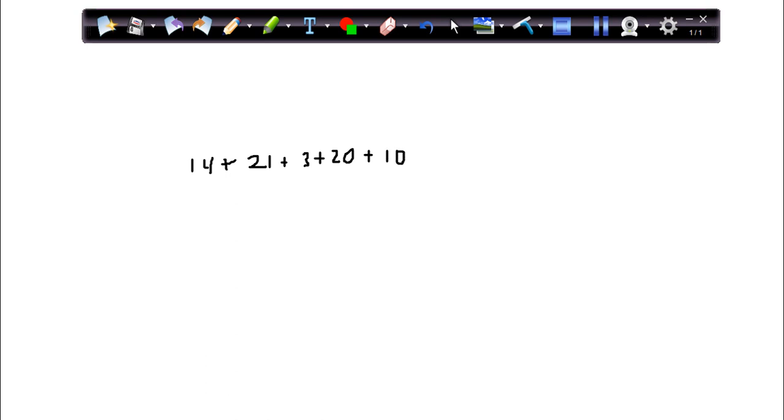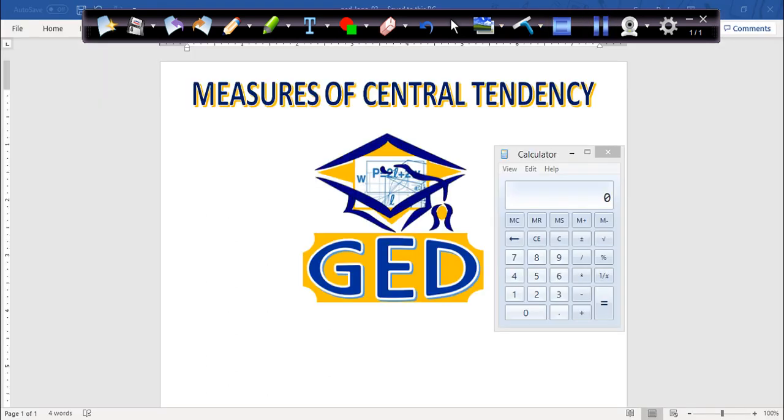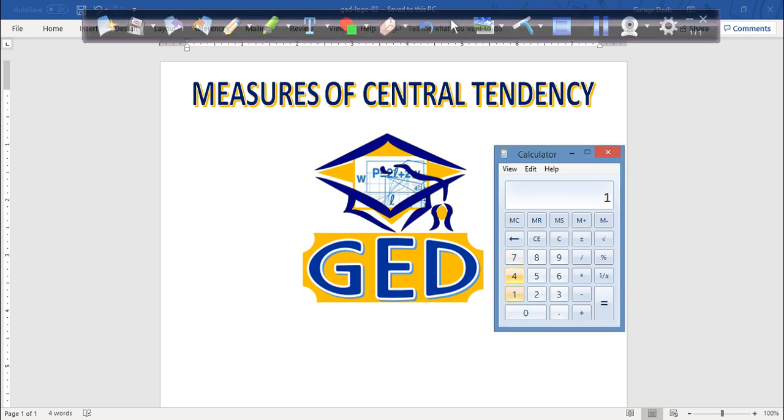And when you put all these in the calculator, let's see if I can bring that calculator up. Okay, so I wrote it out, but let me punch them in the calculator, and you can do the same with yours. So 14 plus 21 plus 3 and 20 plus what? 10. So we're adding them all together, equals 68, all right? So now, step 2 says divide by the number of items in the data set.